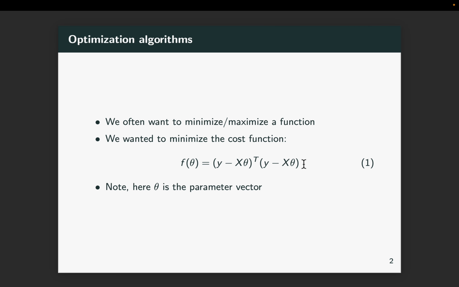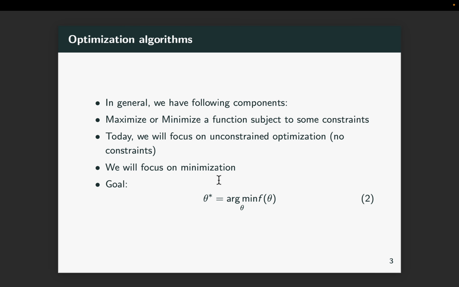In certain cases you want to put constraints like theta transpose theta is less than or greater than a quantity, or the norm of the theta vector is less than a certain quantity. All of these are constraints which we will study when we look at regularized linear regression. But for today, we will be solving this kind of a problem. We want to find the optimum theta which minimizes some function of theta.